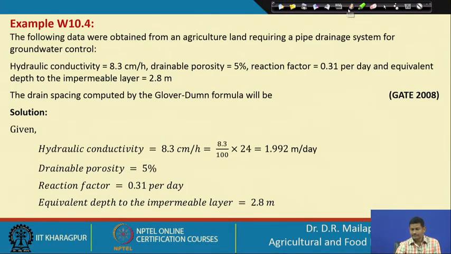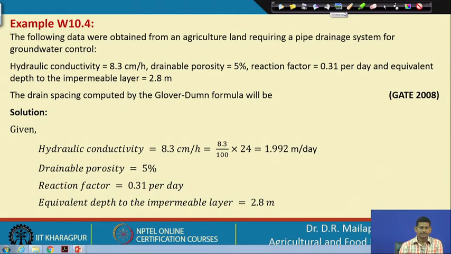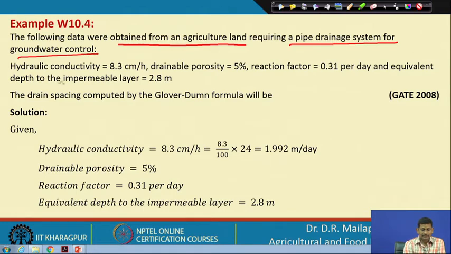And then this is example number 4. Here the following data were obtained from an agricultural land requiring a pipe drainage system for groundwater control. Hydraulic conductivity is given 8.3 centimeter per hour, drainable porosity, that is 5%, reaction factor, that is alpha we discussed, 0.31 per day, and equivalent depth to the impermeable layer, that is DE, 2.8 meter.